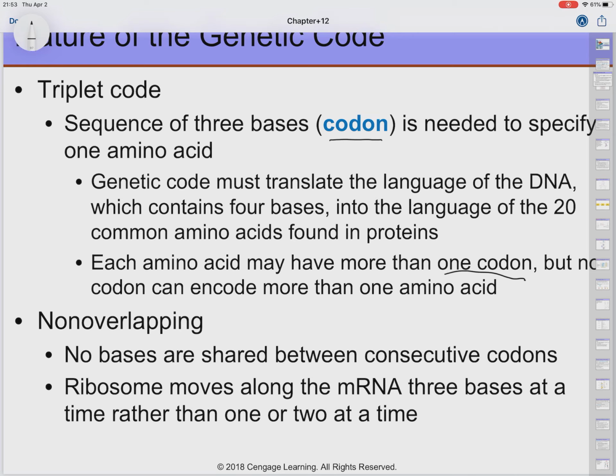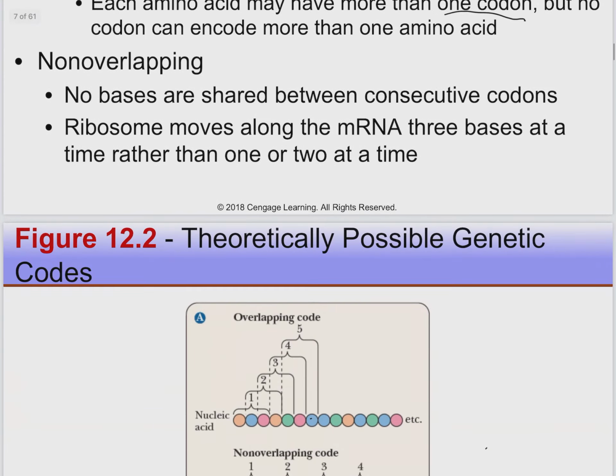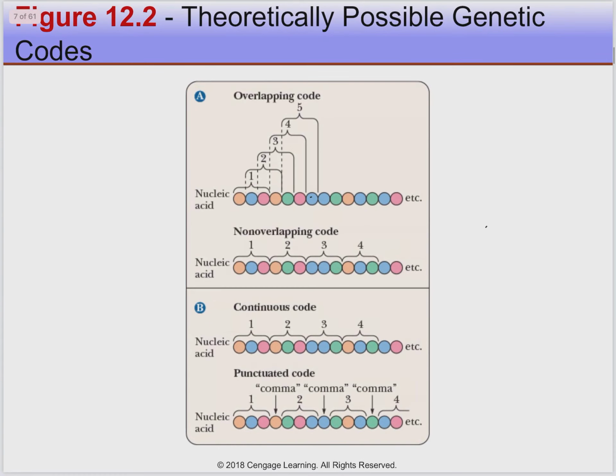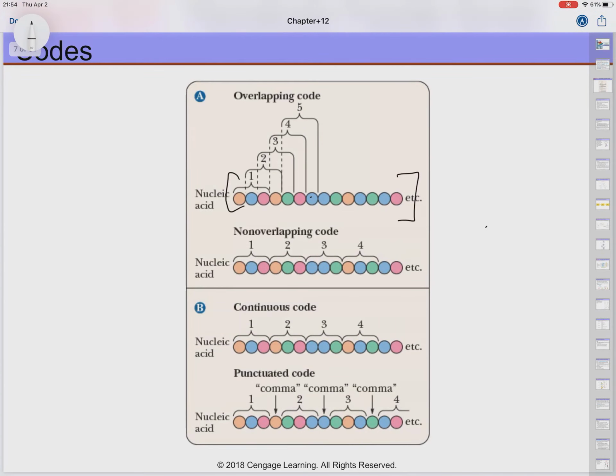And you'll see the code here in a second. It's non-overlapping, so we have a non-overlapping code. Here you can see the difference. We know that we have a non-overlapping code because a strand of mRNA only yields one product. If we had an overlapping code, then you can imagine that the same little stretch of mRNA could actually give multiple products.